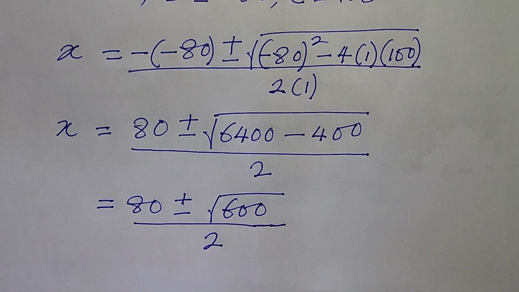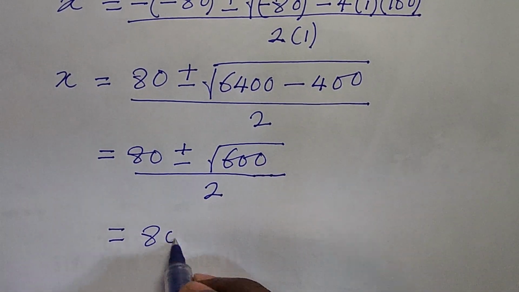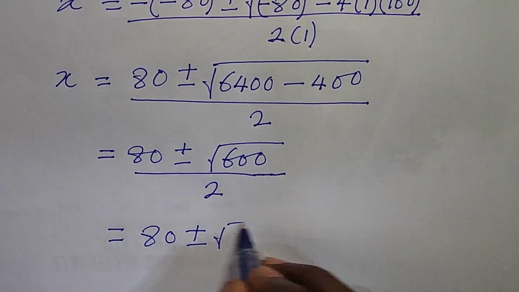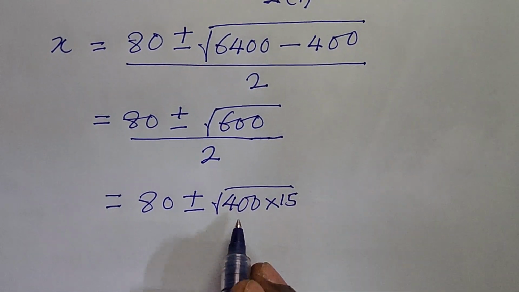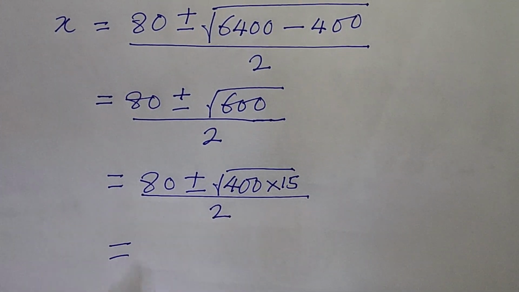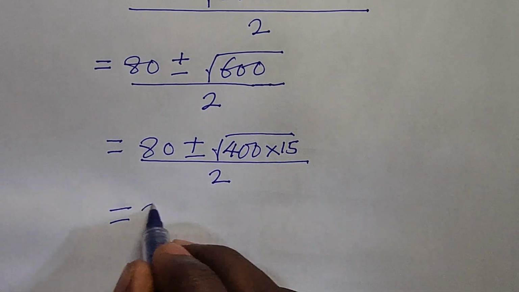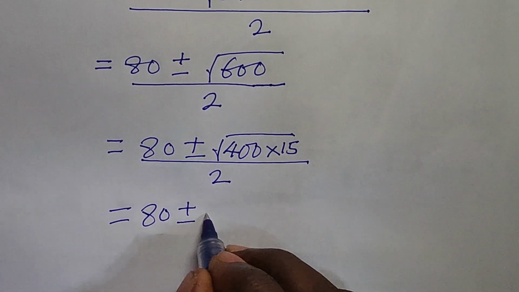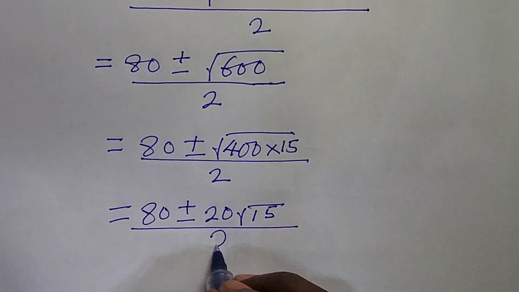Now, our 600 can be expressed as 400 times 15 because 400 is a perfect square. So if we go ahead to do that, it's going to give us 80 plus or minus the square root of 400 times 15, all over 2. Easy. So the square root of 400 will give us 20. So if we write this, it's going to give us 80 plus or minus 20 square root of 15 all over 2.